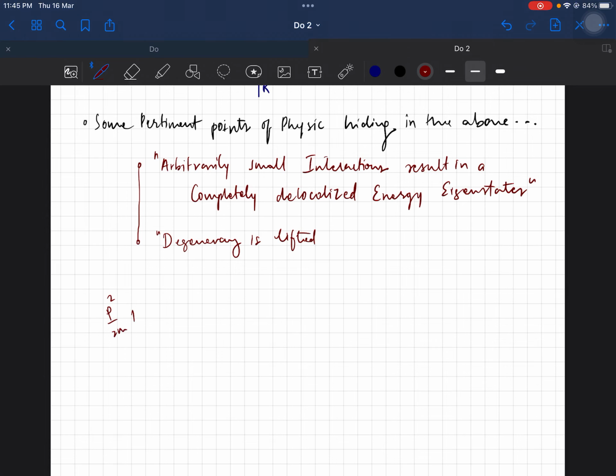Before it was p square by 2m states. Now minus k and plus k have different energy states. Yeah, but if you just see that, you still have some sort of degeneracy, right?